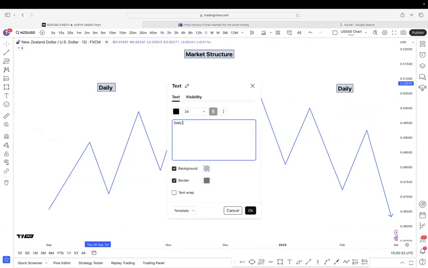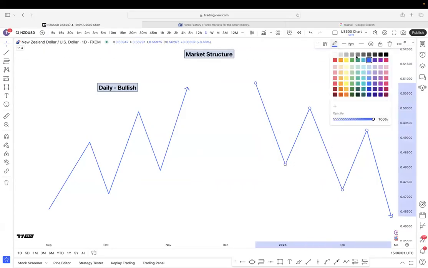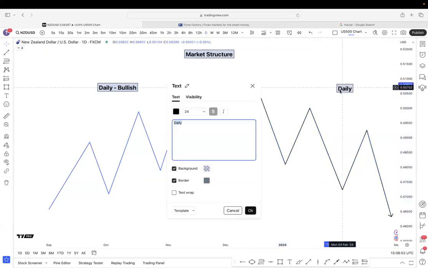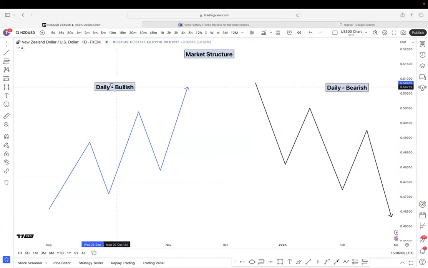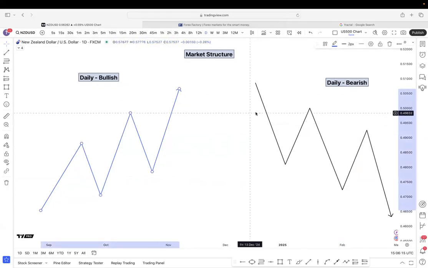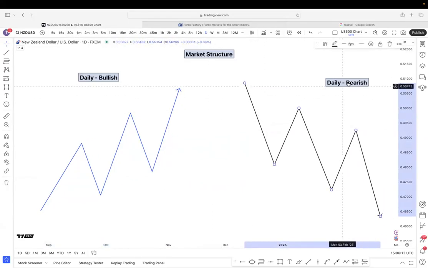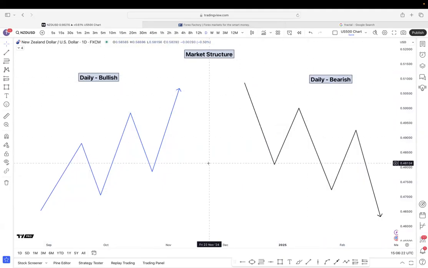So in the daily time frame we are, for example, bullish on this side here, and then on this particular time frame here we are bearish. It is so important. I'm using time frames like this as an example. There are loads of different time frames, and I'm not going to talk about where to take these positions just yet. But we have to do our best to identify the trend on the higher time frames first.